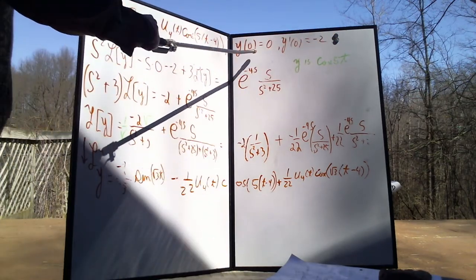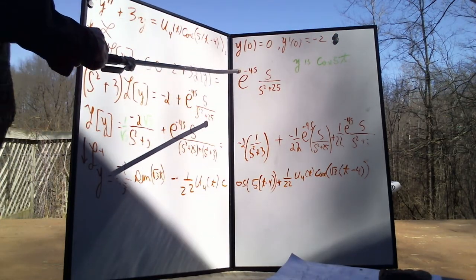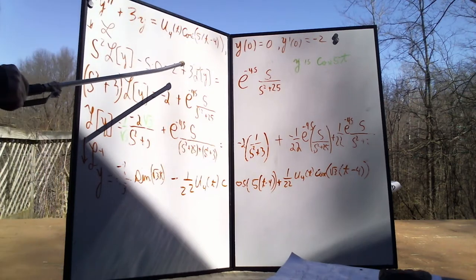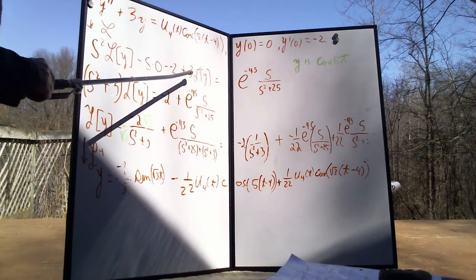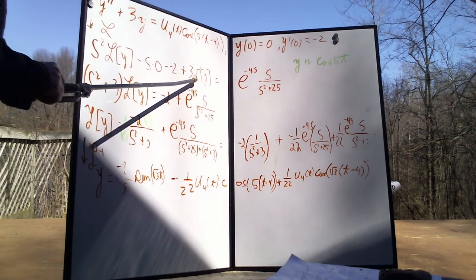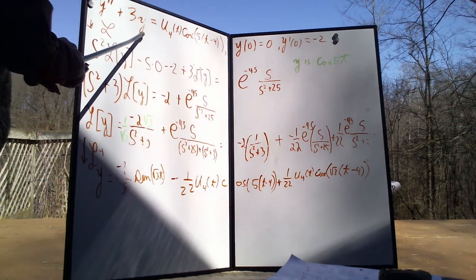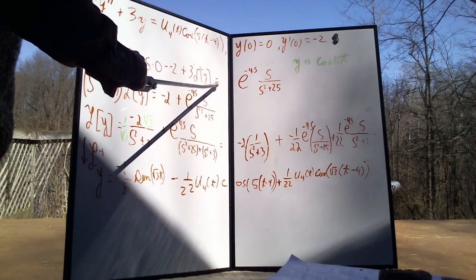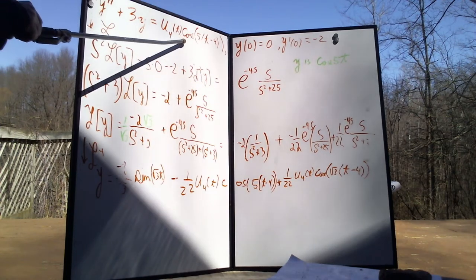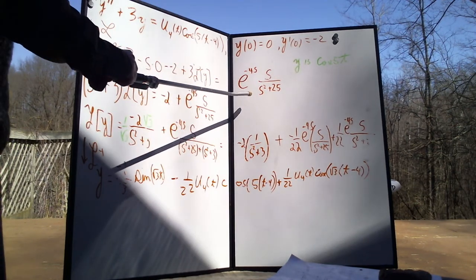So y of 0 is 0, that's why that's a 0. y prime of 0 is negative 2, that's why I have minus negative 2. And then I have plus 3 L of y, that's this thing. Now this equal sign is that equal sign. And here's the Laplace transform of this animal according to the table.